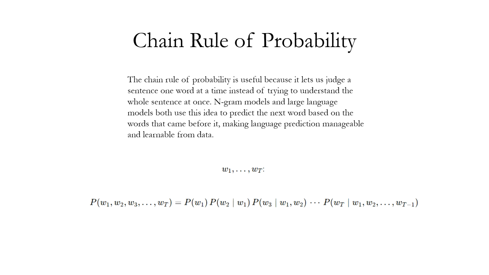We would have P(W3 given W1, W2), okay? For finding the probability of four words, we would do P(W1), P(W2 given W1), P(W3 given W1, W2), okay? And P(W4 given W1, W2, W3).